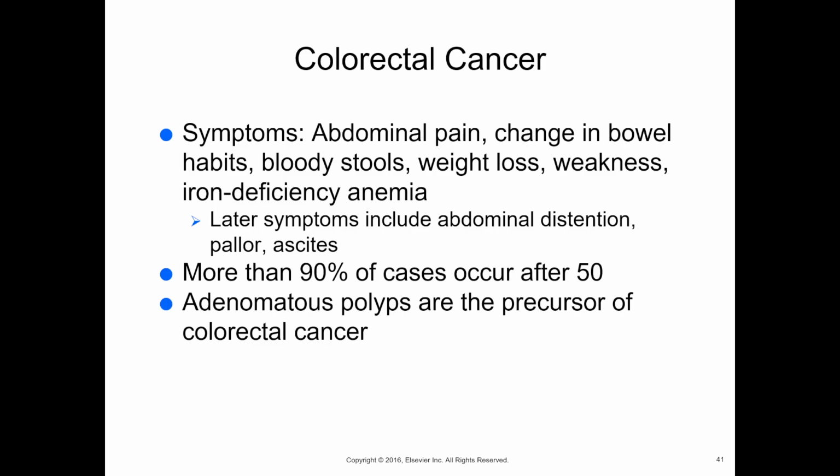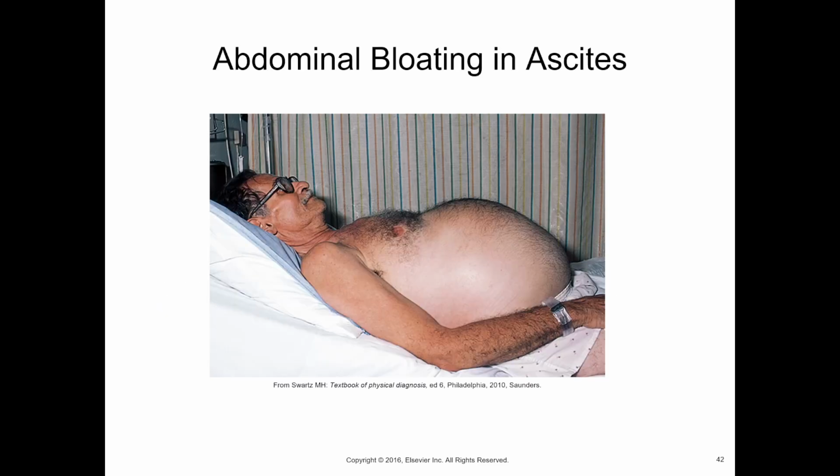There are some genetic predispositions to this, but this is really the primary reason why we look for people to have their colonoscopies, because you want to look for the adenomatous polyps, because polyps are essentially the precursor to colorectal cancer. Now, polyps do not mean a person will develop colorectal cancer. It's the same idea as we talked about with Barrett's esophagus. You have a metaplasia, which is a change in cell type that causes the formation of those polyps.